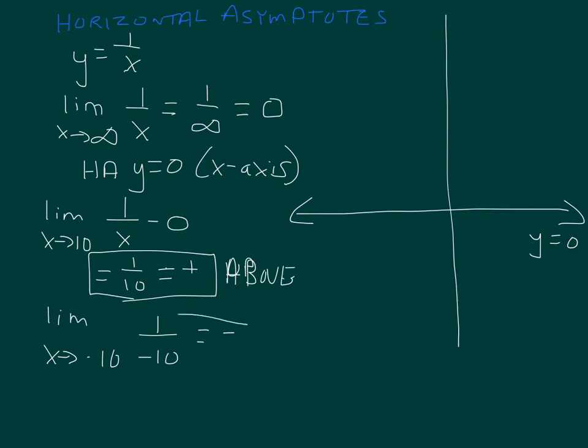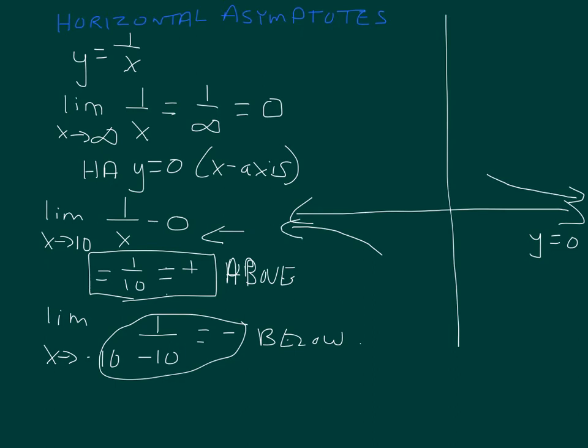This negative in the second example tells us that the curve will be below the asymptote. So for positive large values of x, we're going to be above the asymptote. For large negative values of x, we're going to stay below the asymptote.